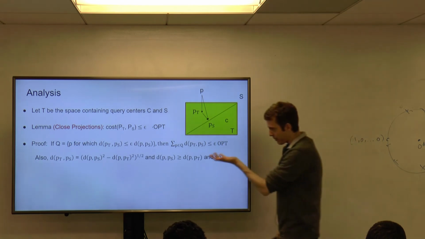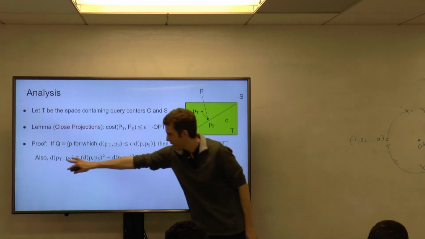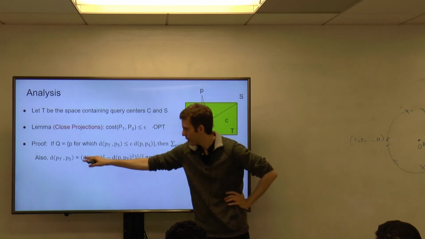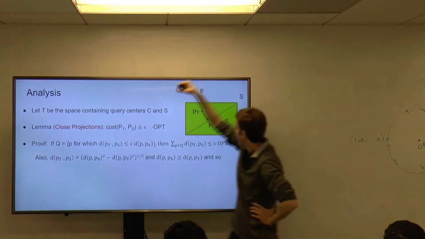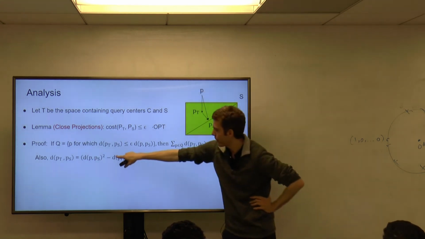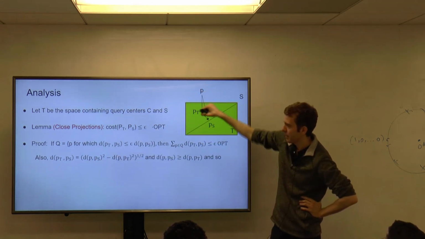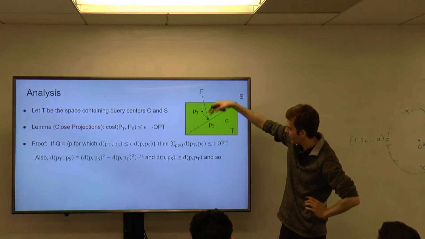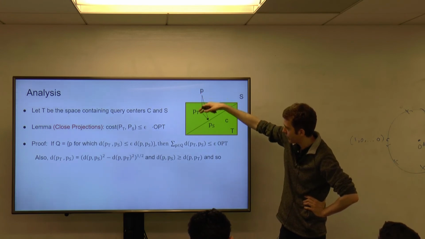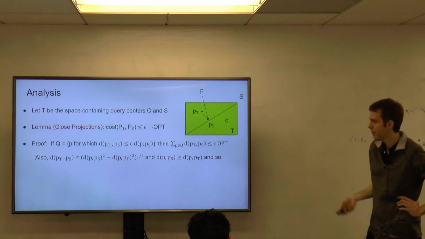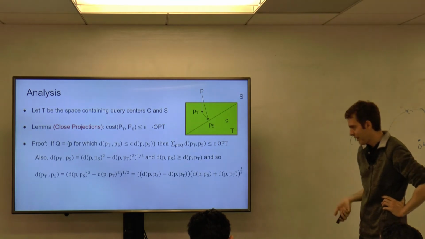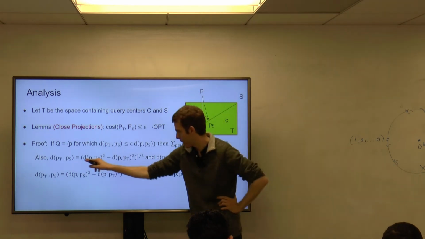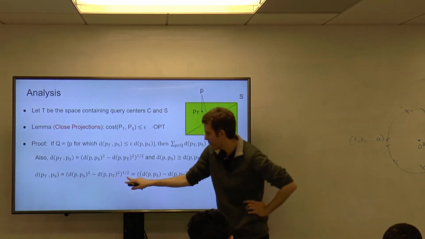We do have this Pythagorean theorem: the distance between the projection onto T and the projection onto S is the square root of the squared distance between P and the space S minus the squared distance between P and the space T, to the 1/2. And we also know the distance from P to S is at most the distance from P to T. Then this is just elementary manipulation. This is exactly from the previous line.